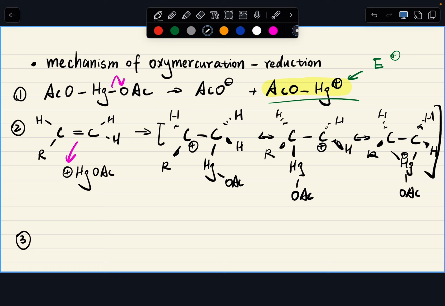My drawing is a little bit ugly, but you get the idea. It's the same kind of three-membered, positively charged cationic intermediate, where the reality is the carbon-carbon and Hg are sort of bound like that, and the positive charge is dispersed over all three atoms.